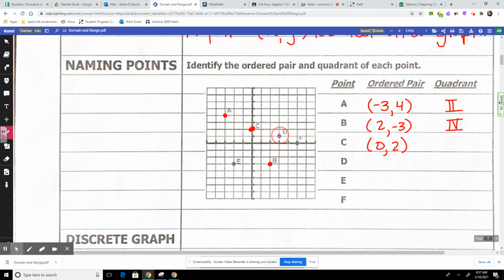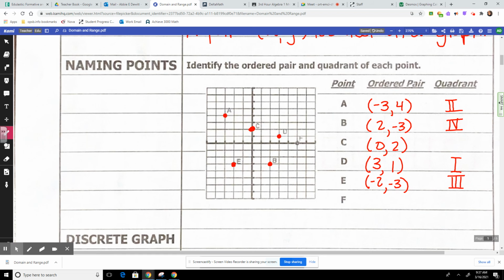Point D, I'm going to move to where x is positive 3 and y is positive 1. And that is in the first quadrant. I skipped the quadrant for point C for a reason. I'm going to go back and touch that in a minute. Point E is right here. From the origin, I'm going to go left 2 to negative 2. And I'm going to go down 3 to negative 3. And that's in the third quadrant.